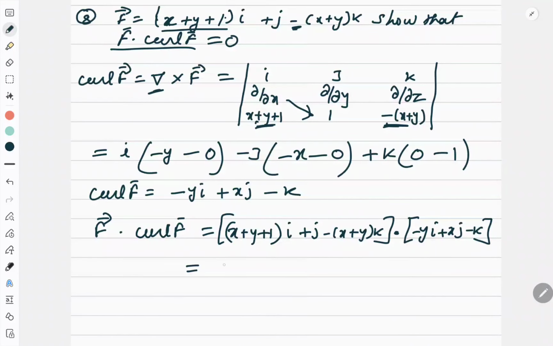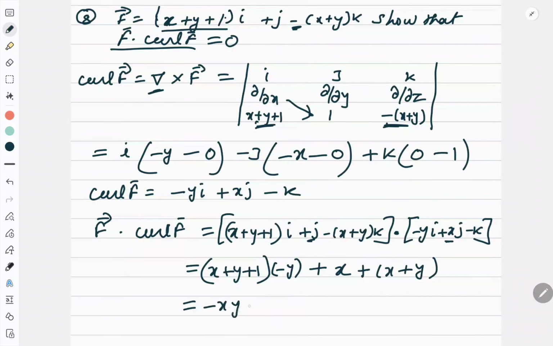Coefficient of i with coefficient of i. So x plus y plus 1 into minus y, plus 1 into x, and minus into minus will become plus x plus y. So let me open: minus xy minus y square minus y plus x plus y.